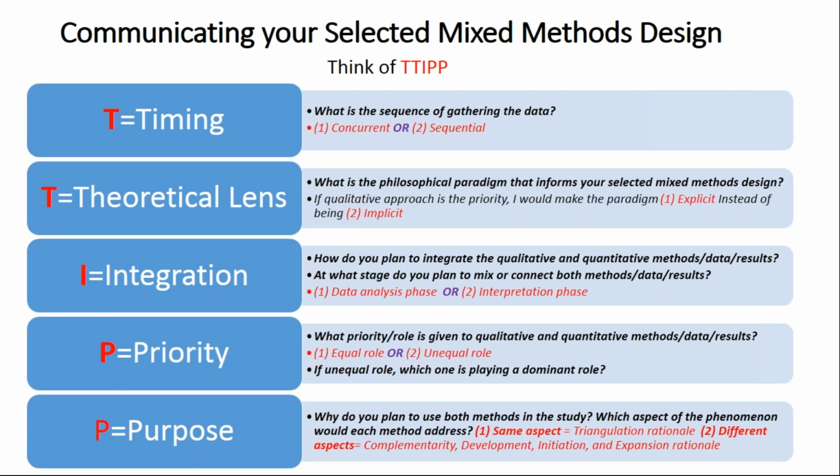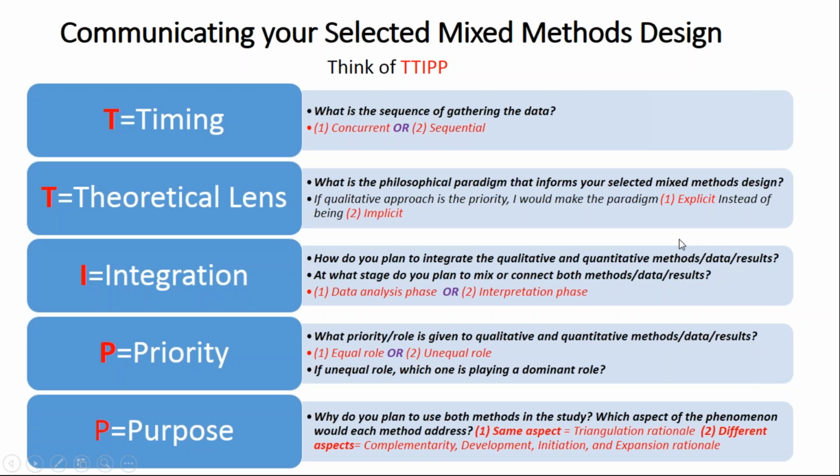So let's say you choose the transformative philosophical paradigm or constructivism, right? And qualitative is the dominant approach for your study. Then you have to be explicit.